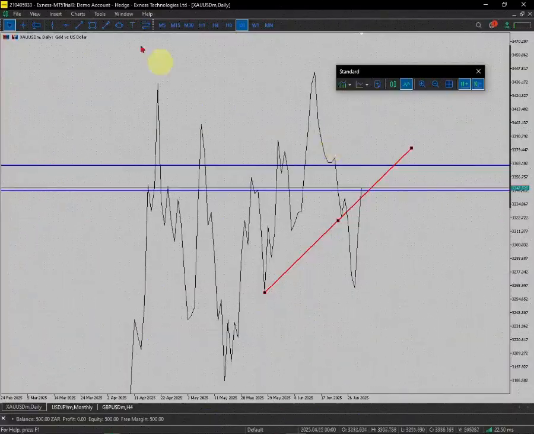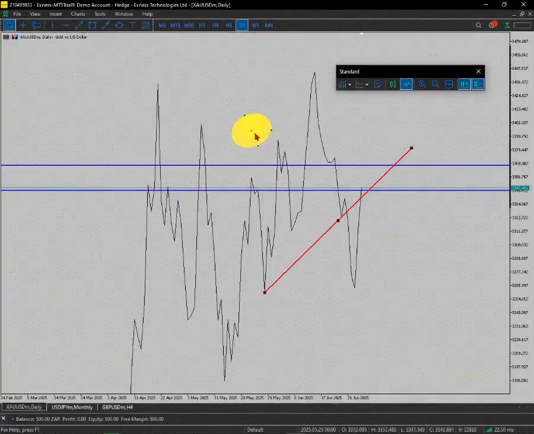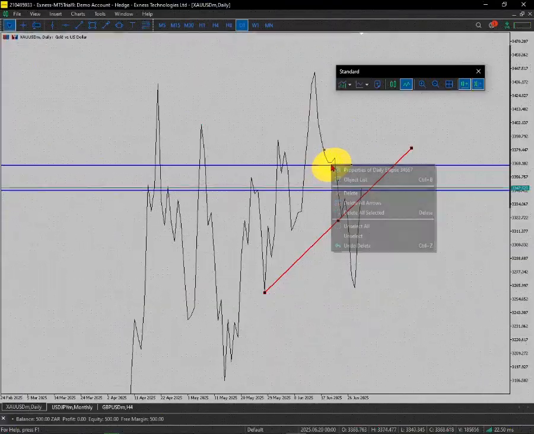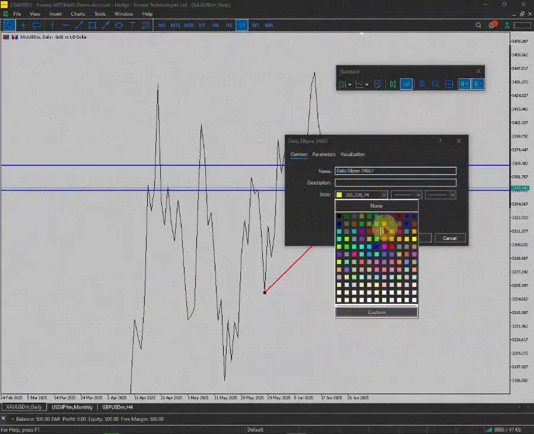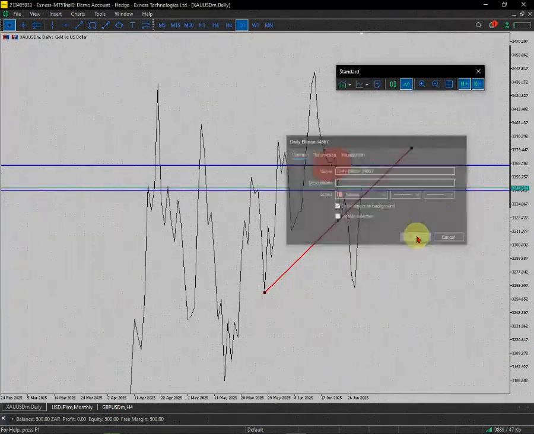That's the problem with properties. I'm just gonna use some color, whatever color that will be.